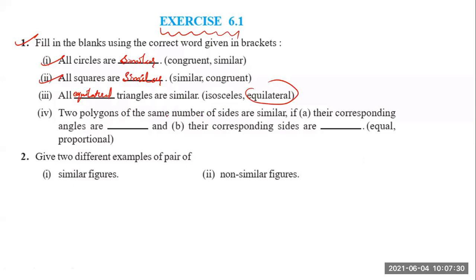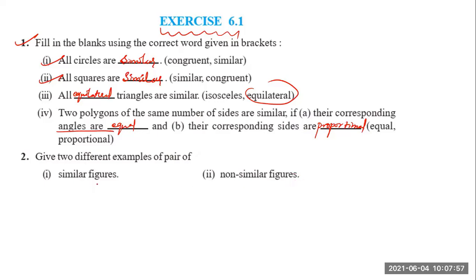And two polygons of the same number of sides are similar if their corresponding angles are equal and their corresponding sides are proportional. Next, give two different examples of pair of similar figures and non-similar figures.